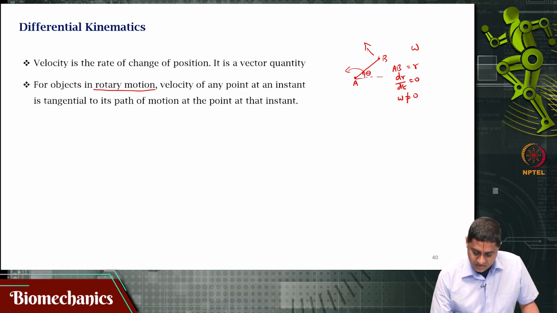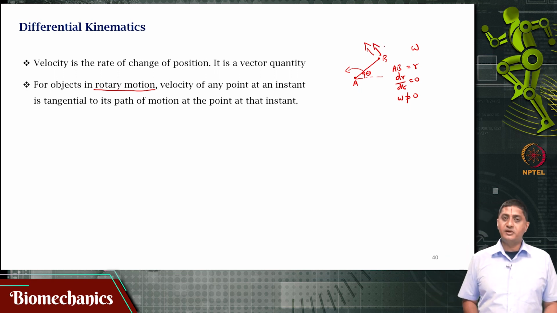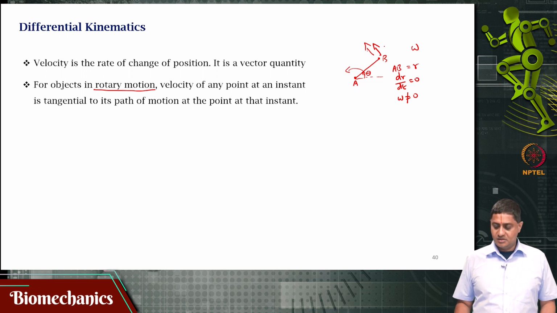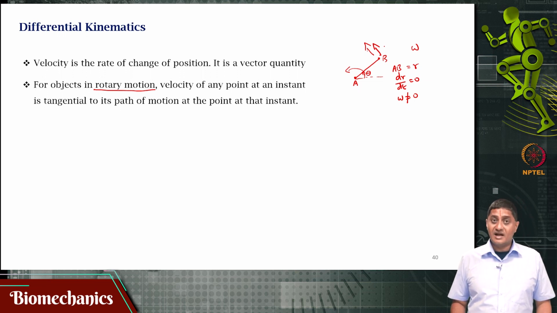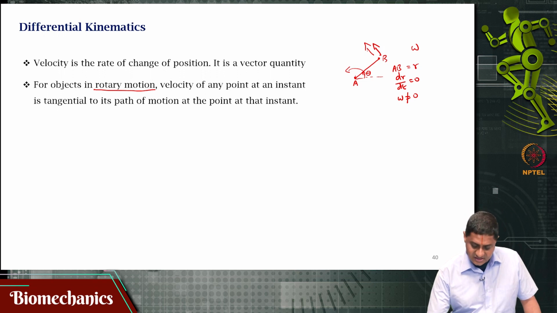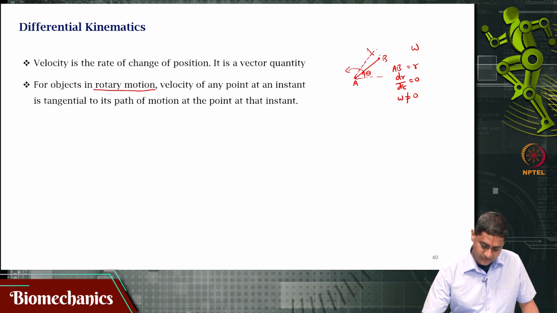So, when that happens, there is only one direction in which the velocity can change, and that is perpendicular to the link at that point. Note that the link itself can be in a different position at a different point, and at that point the velocity will be along a different perpendicular.